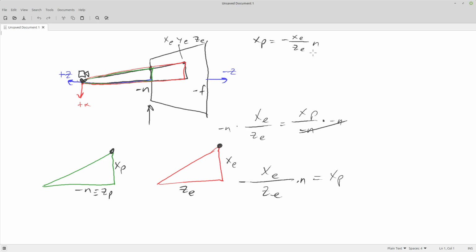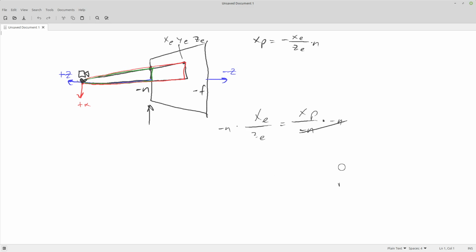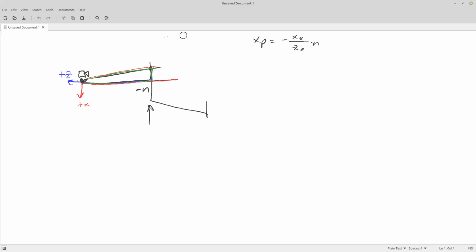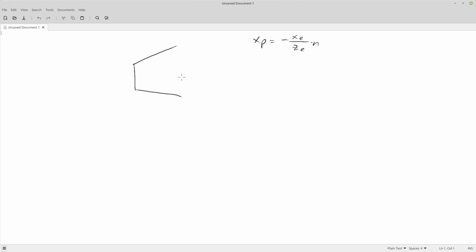Then we're going to do a similar thing, and hopefully be a little bit quicker this time, with the side view of the scene. So we'll erase this, but it'll look very similar. Okay, we have the viewing frustum, but this time it's from the side.